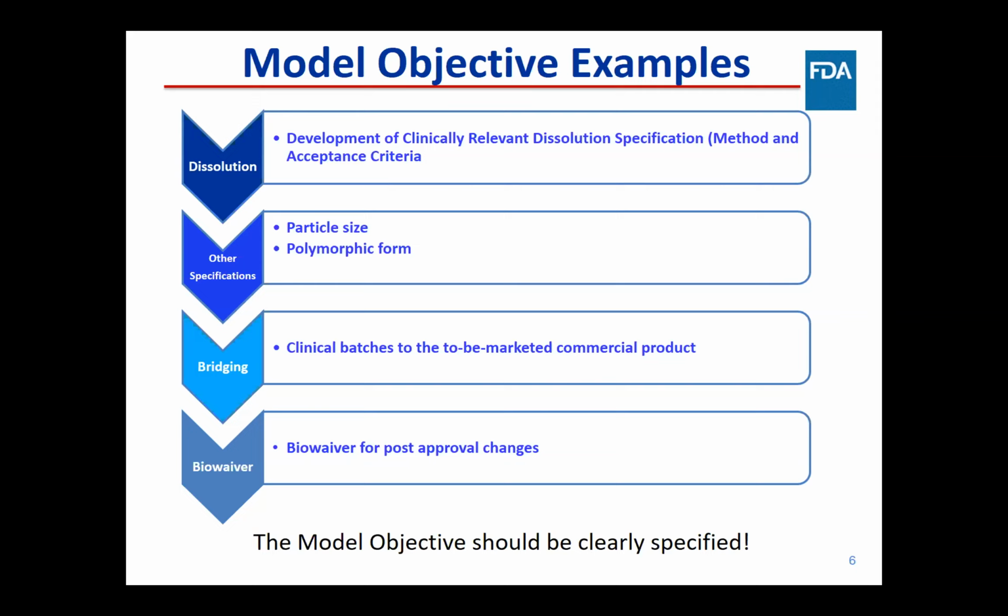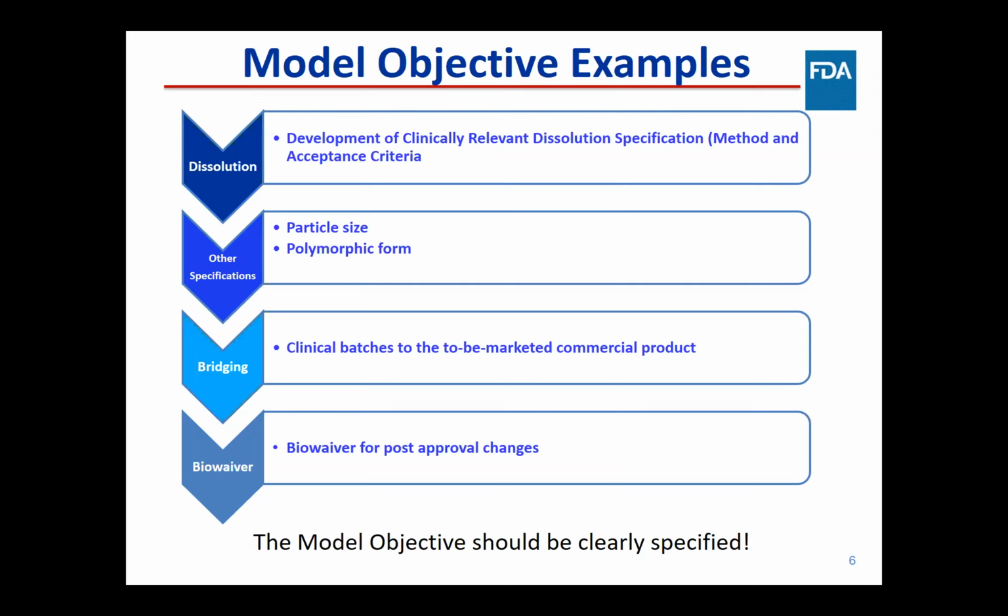There is a case study which I will cover later in the talk on the example of setting the particle size specification. We also know that during drug development, there could be CMC changes such as formulation, manufacturing process, and site changes.